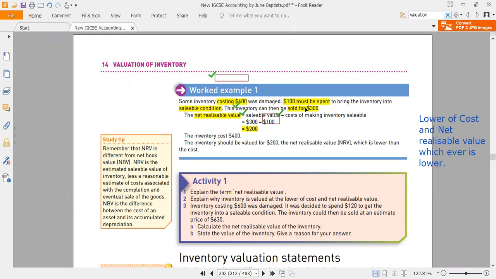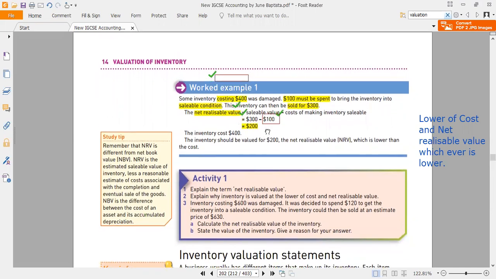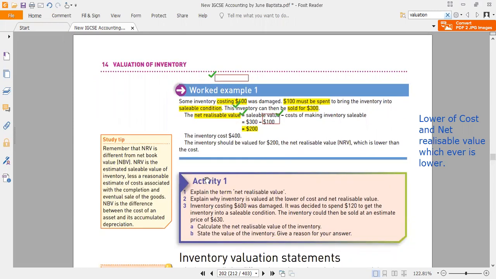In this question, if you don't spend this 100, you cannot sell it for 300. So 300 minus 100 is the net realizable value. After that, you have to compare it with cost, and then you have to record whichever is lower. Up to here, any problem? Okay. No, sir, it's clear.